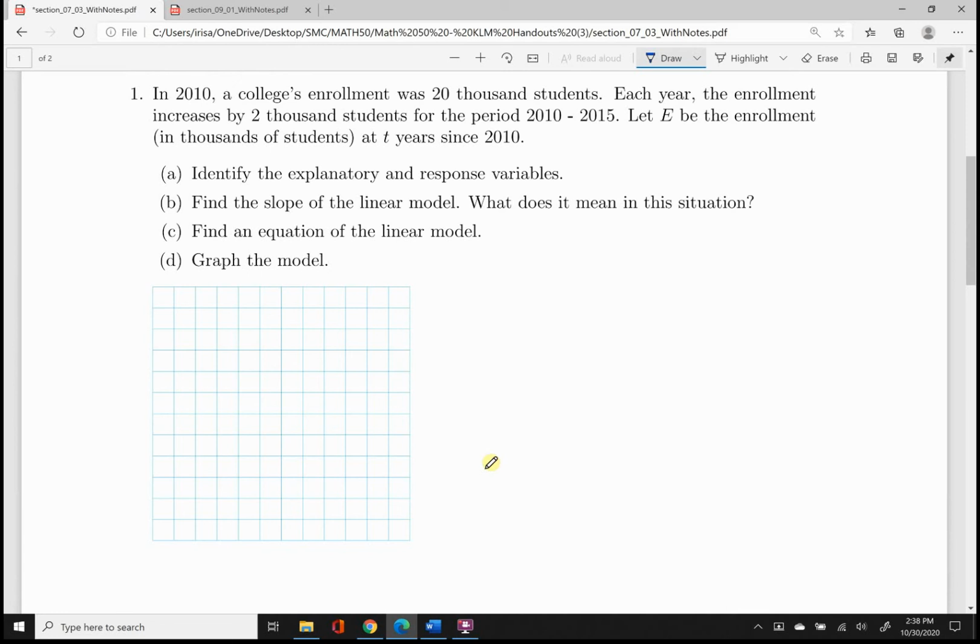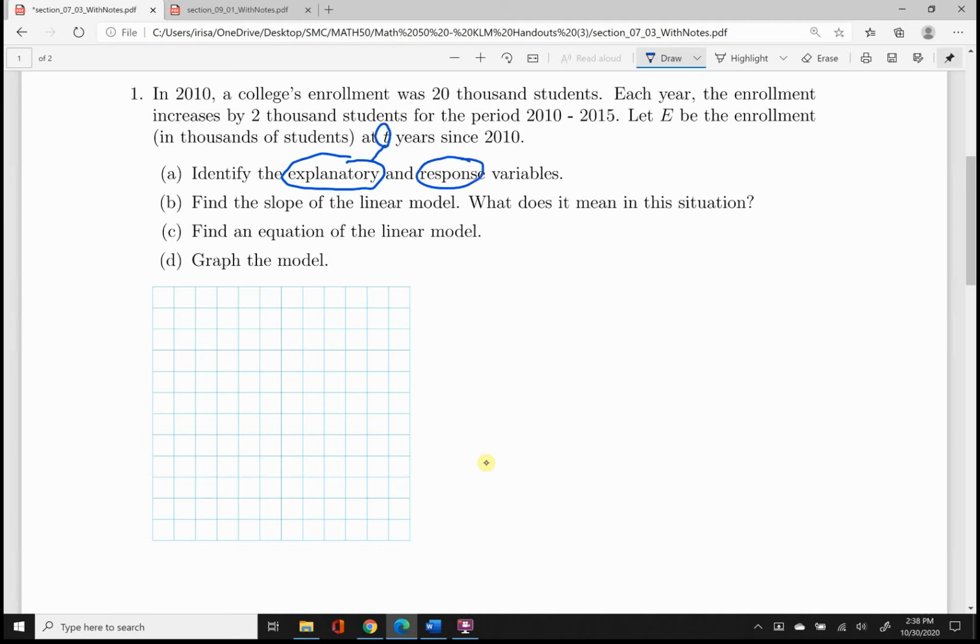Pretty much every single time you see T years as one of the possible variables, that is almost always the explanatory variable. It acts like the x in an xy pair, or x in a linear equation y equals mx plus b. So T is akin to x. So the explanatory variable is going to be your T.